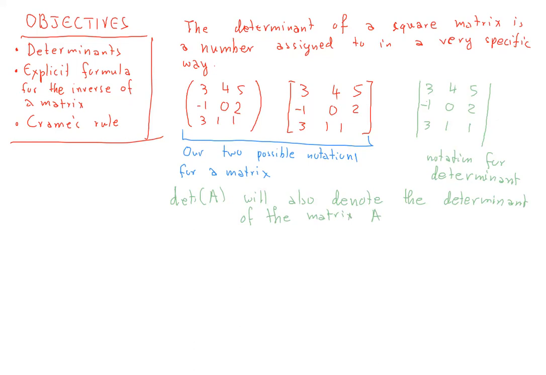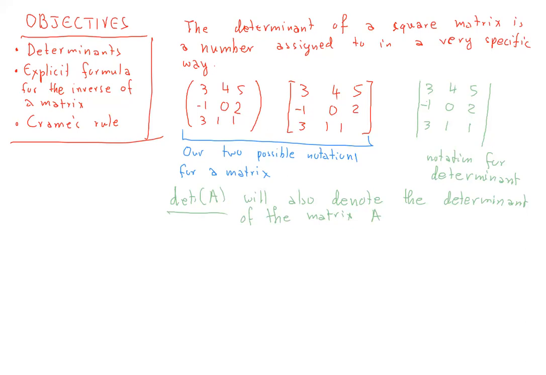Again, here you can find in the literature the vertical lines over A. I'm not going to use this notation. I will use det A if I have to talk about the determinant of an abstract matrix.